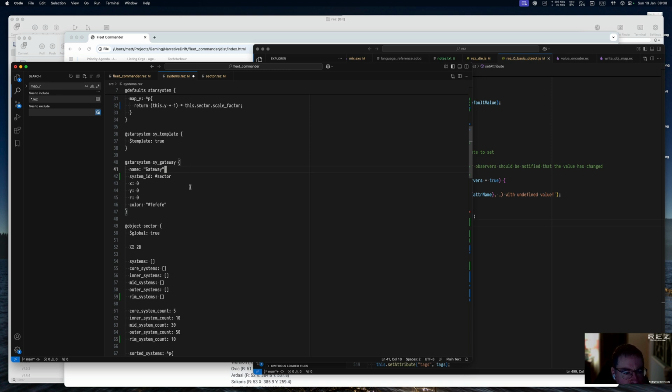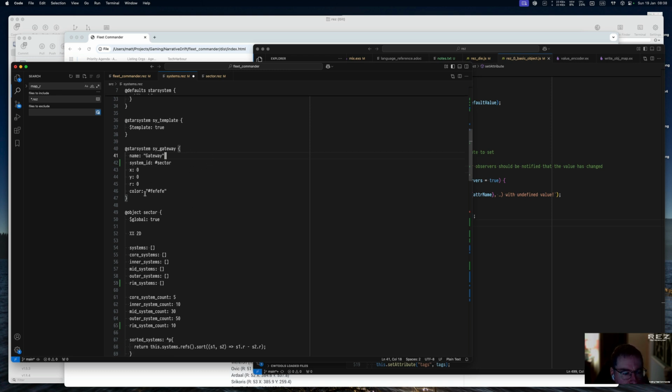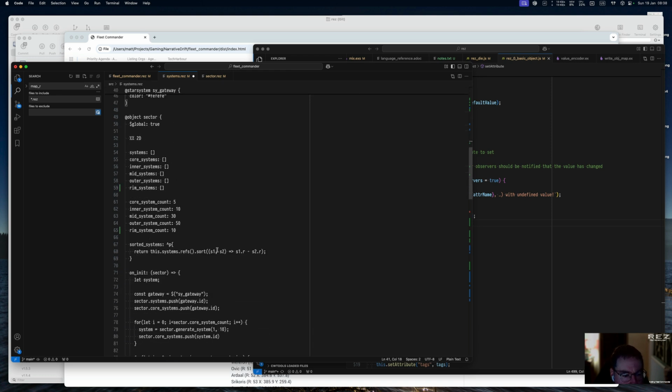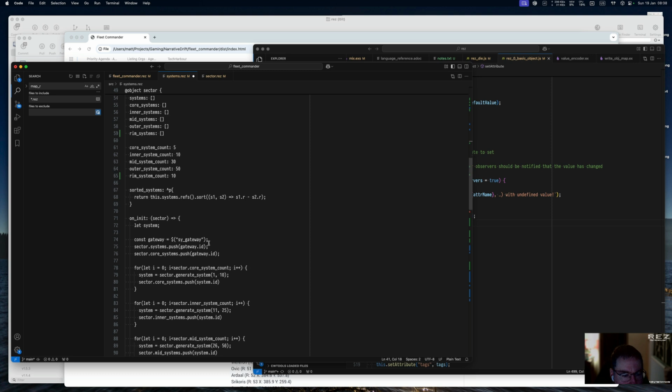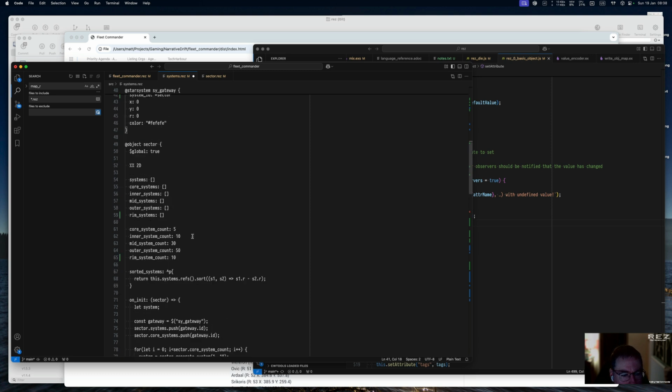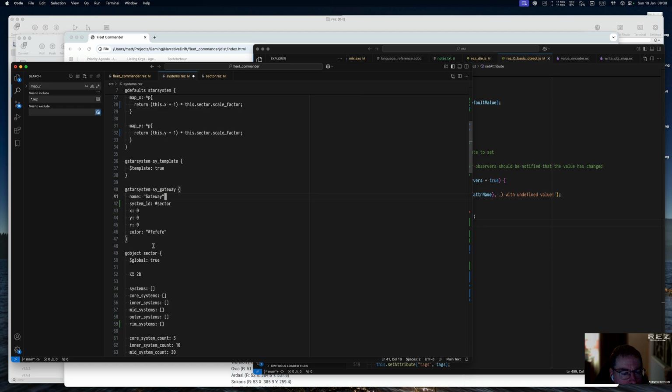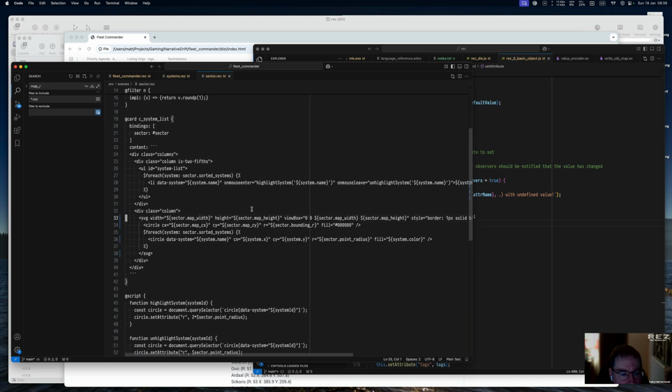So we implicitly put this into the sector, although the sector won't know about it until we add it later, which we do here. We know sector exists, so that's okay to do. And if we now plot this with sector dot map x and map y, that should still work.